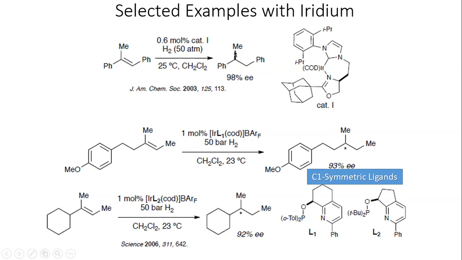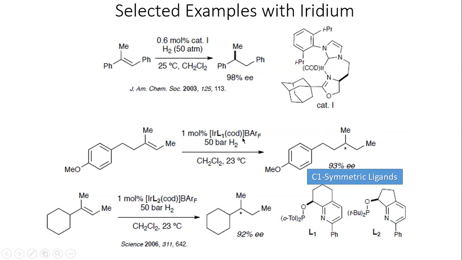So this is hydrogenated here. The hydrogens add to the back face. That's the selectivity. You can tell that because the methyl group here gets pushed up, as it's on a wedge coming out of the screen, and you get 98% EE. Same here with this iridium catalyst.